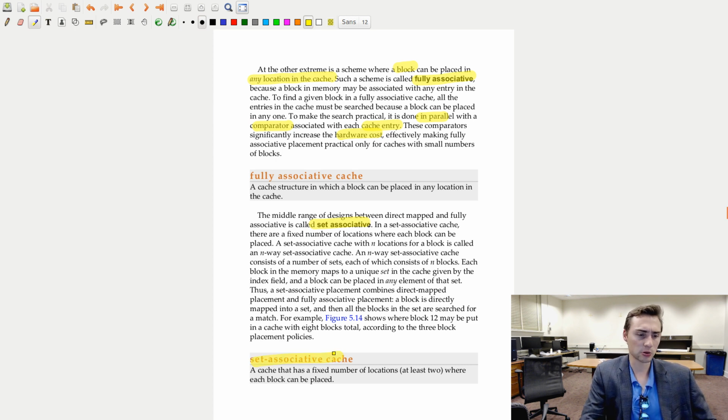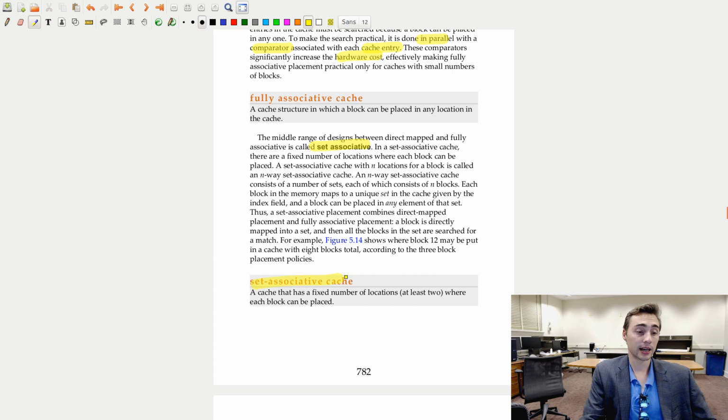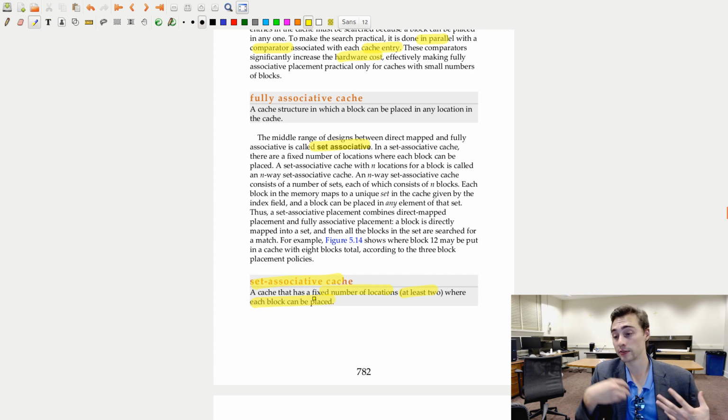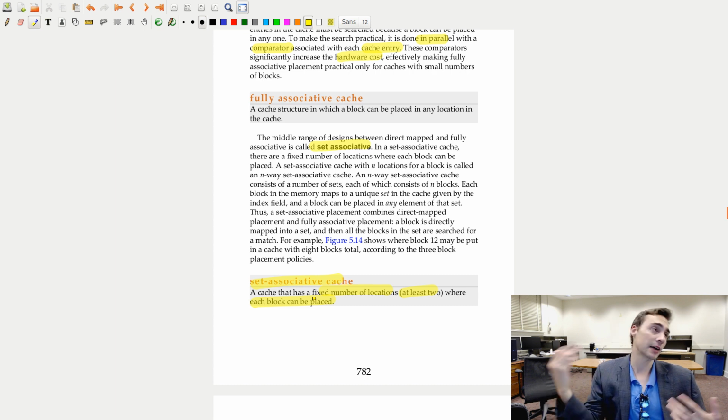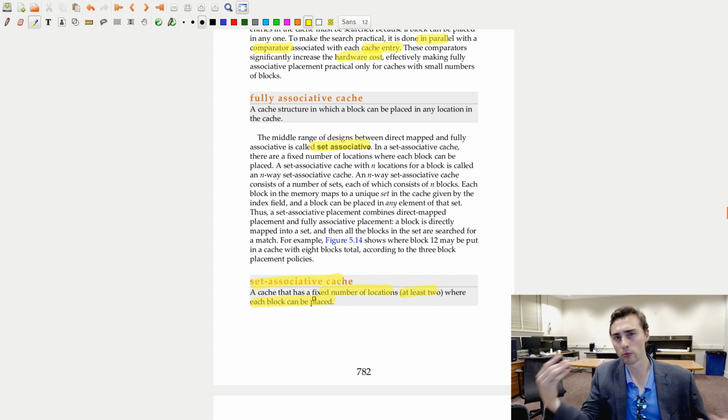A set associative cache is a cache that has a fixed number of locations, at least 2, where a block can be placed. So instead of a block being only able to be placed in a single location, it can now be placed at 2 or more locations.